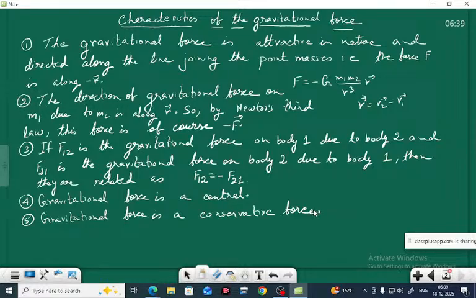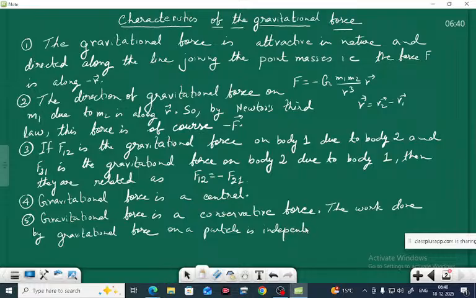The work done by gravitational force on a particle is independent of the path described by the particle.